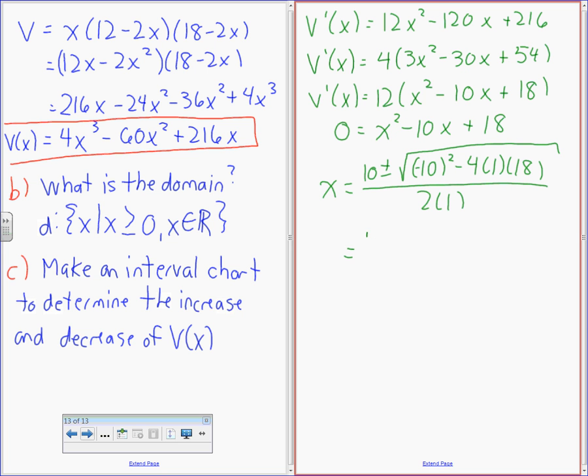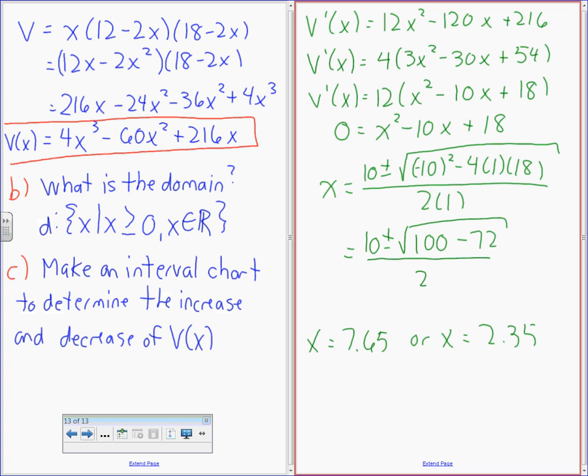I'm going to do this very quickly because I know you guys are all masters of the quadratic formula. And I get x equals 7.65 or x equals 2.35.